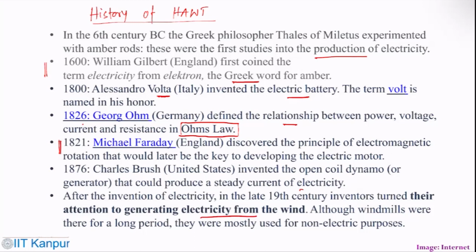But this is the time when there was an understanding of electricity, voltage, these different laws and their relationships. This is when it turned into: now we have this resource, the wind turbine, which could be used to produce electricity. That was the idea behind it.